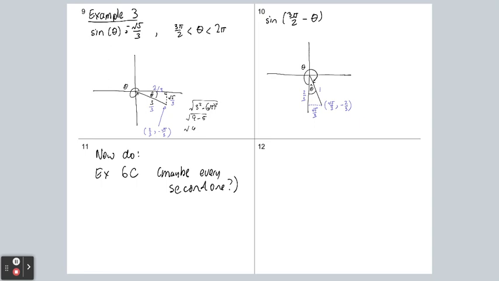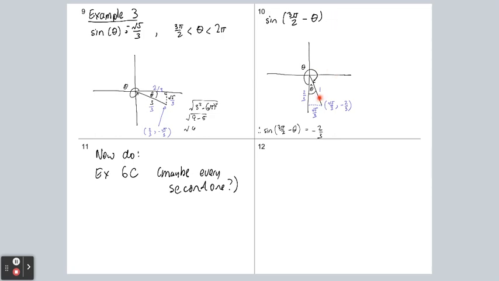Now that we've got our coordinates, knowing that sine is our y coordinate, we can conclude that the sine of 3 pi on 2 minus theta is equal to negative 2/3. Again, that might feel like a lot of work, but often you're asked, what's the cosine of 3 pi on 2 minus theta?